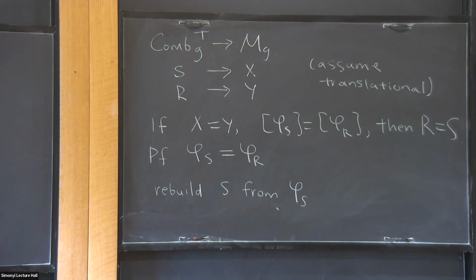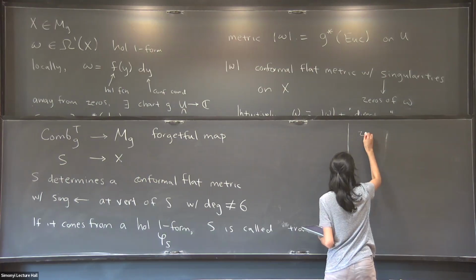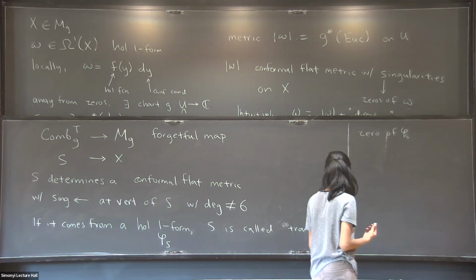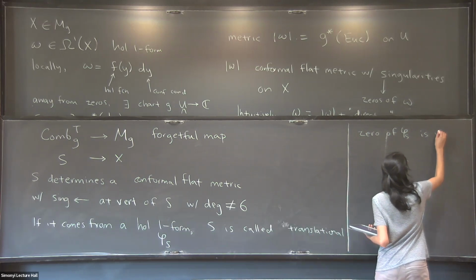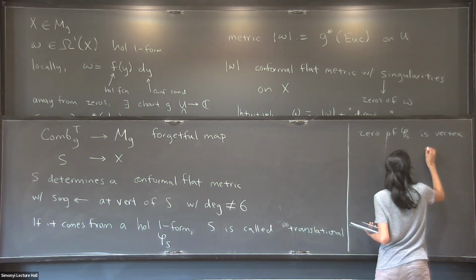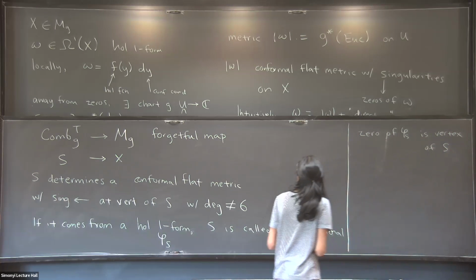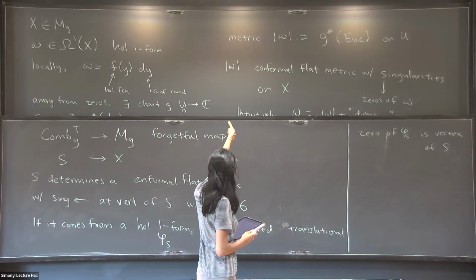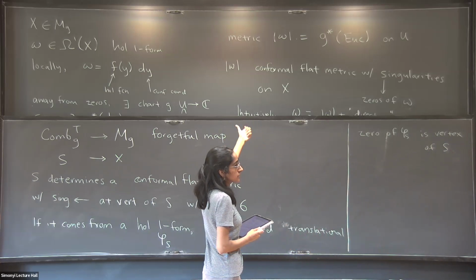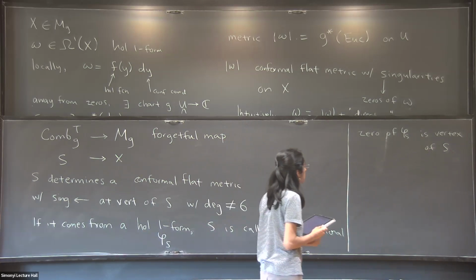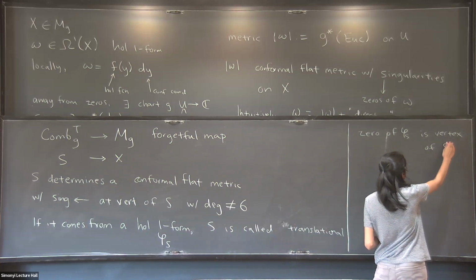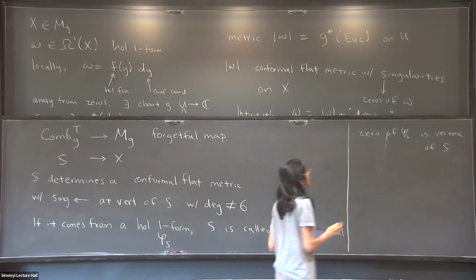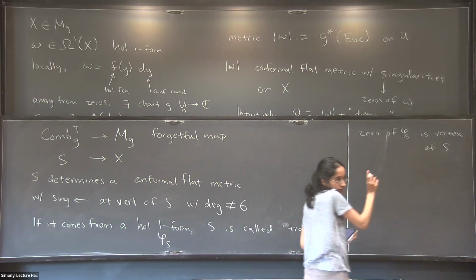So I start with a zero of phi S, and this has to be a vertex of S. Recall that the zeros of a holomorphic one form are the places where the corresponding conformal flat metric is singular. And away from vertices, a triangulation looks flat, obviously. So if you have a zero, it has to be a vertex of the triangulation.